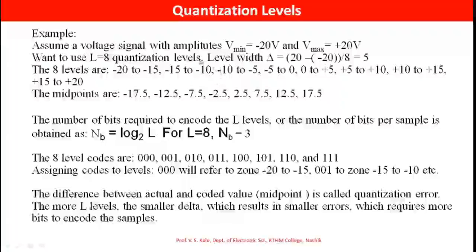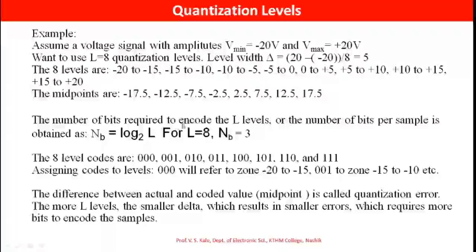The second zone minus 12.5, third zone minus 7.5, next is minus 2.5, plus 2.5, 7.5, 12.5, and last one is 17.5, that is of plus 15 to plus 20 added and divided by 2, that comes 17.5.